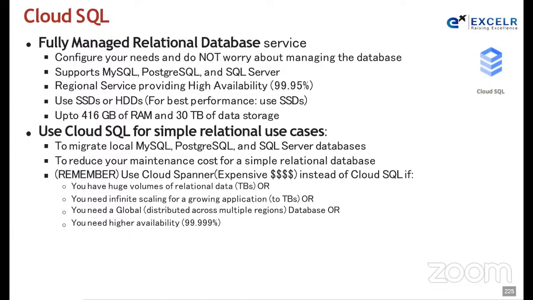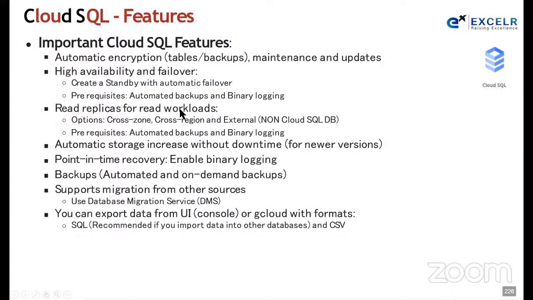So let us look at some of the important features of Cloud SQL. It has automatic encryption enabled by default. It is going to provide you high availability and failover by creating a standby database. With this, you also need to have automated backup and logging enabled on your database.